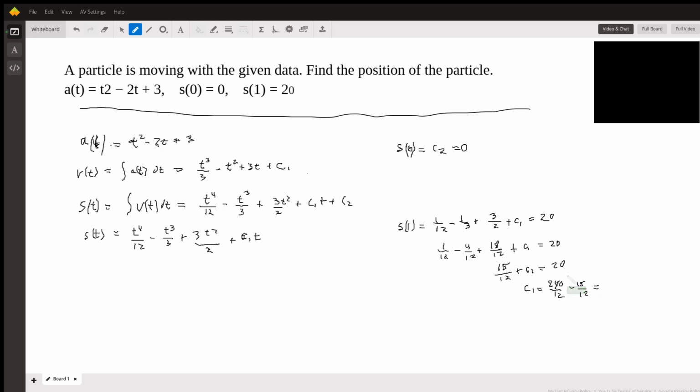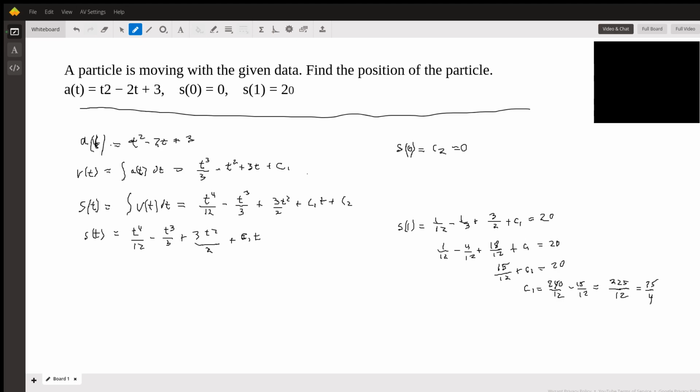And then minus 15 is 225 over 12. And I don't know if that can be reduced. Yes, it can. This will be 75 over 4 because each of these is divisible by 3.